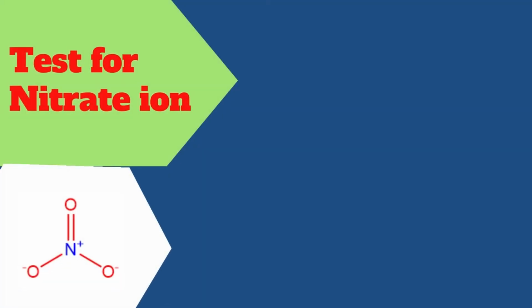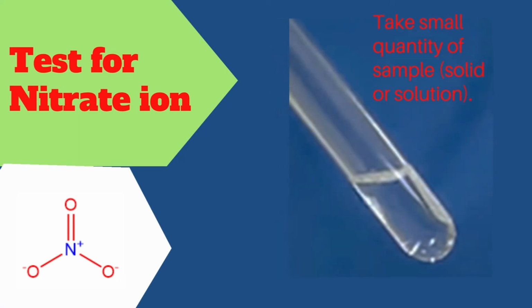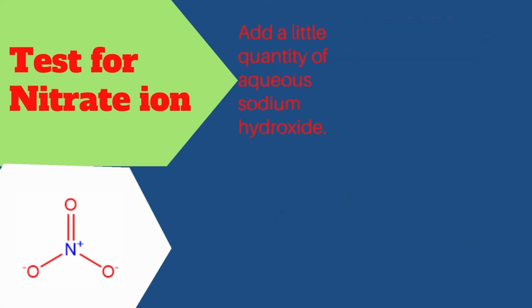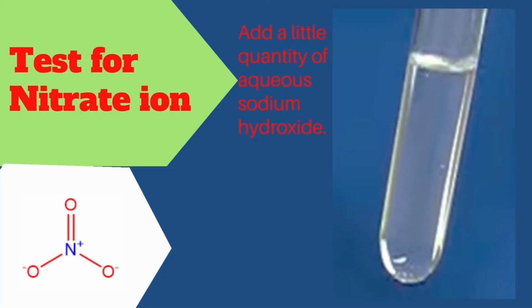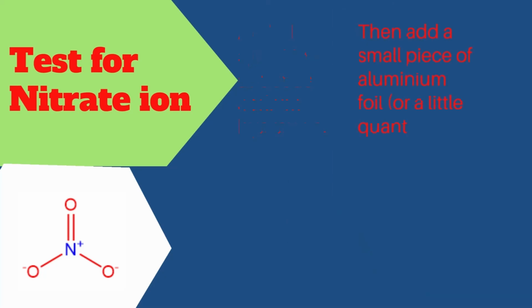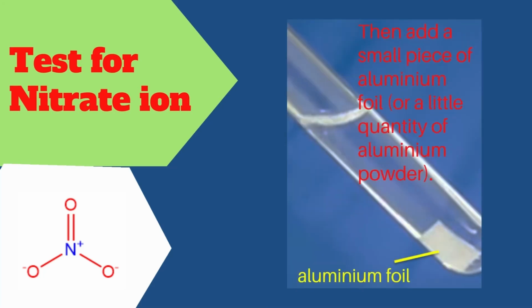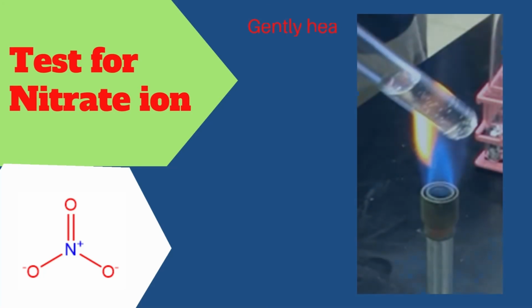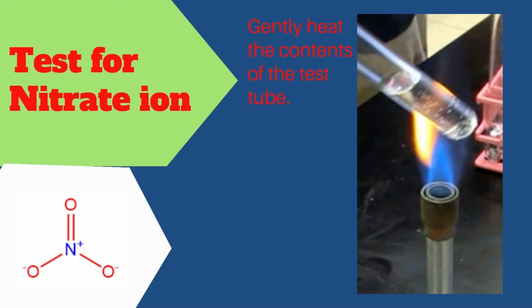Test for nitrate ion: take a small quantity of sample, either solid or solution. Add a little quantity of aqueous sodium hydroxide to the sample. Then, add a small piece of aluminium foil, or a little quantity of aluminium powder. Now, gently heat the contents of the test tube.